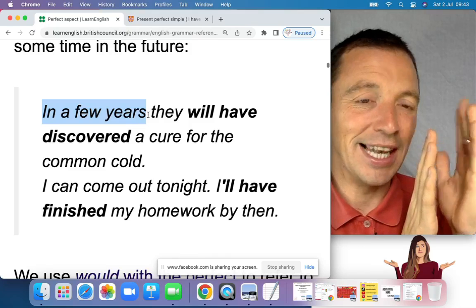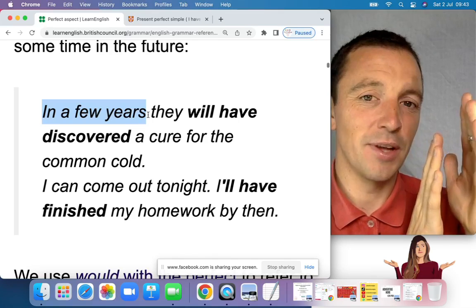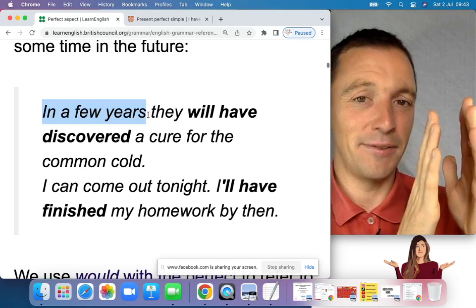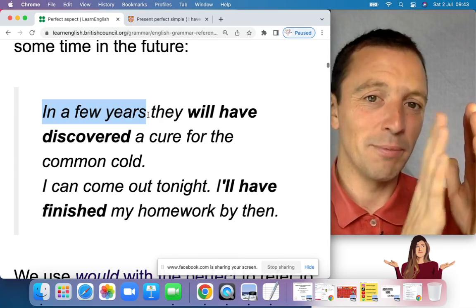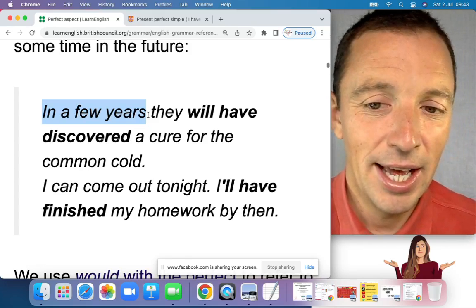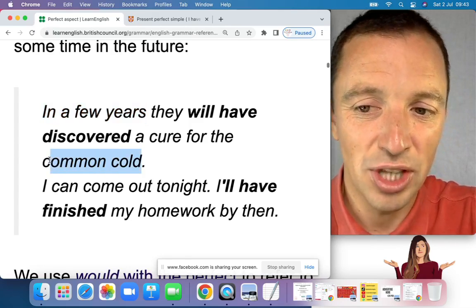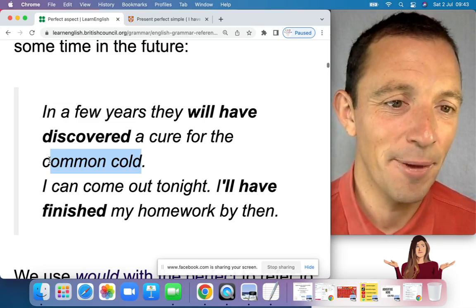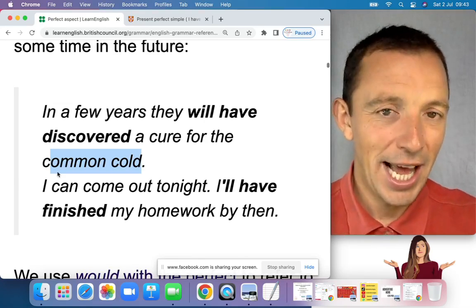But the limit is a few years, and the period of time before the few years is the future modal will plus the present perfect. Okay, very, very interesting. And the common cold is just a way to say the ordinary, normal influenza. Okay, next example.